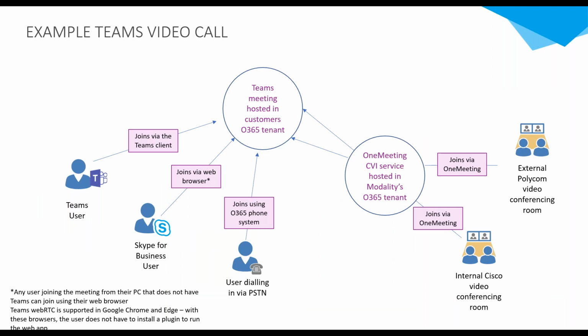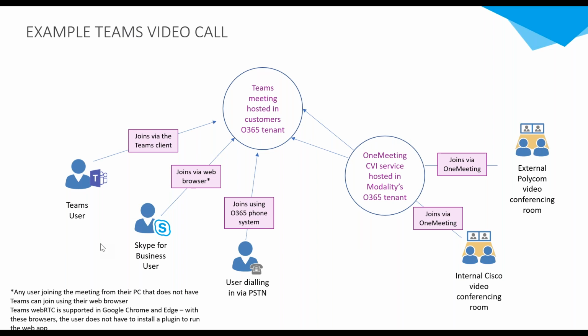And this slide is just to give you an idea of how that architecture is made up. So one of the things we try to do with OneMeeting is very much push the native join experience for people. So by native join, if people have got Teams already, we want them to use Teams to join the meeting. If they've got Skype for Business or they're going to dial in through PSTN, that join functionality is already there. We want to encourage that as much as possible.